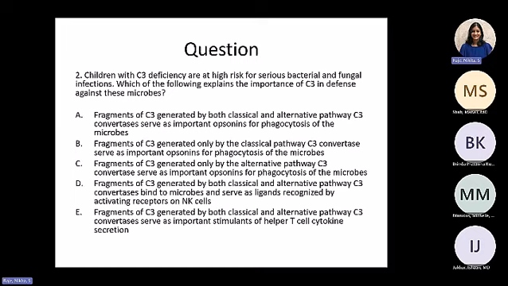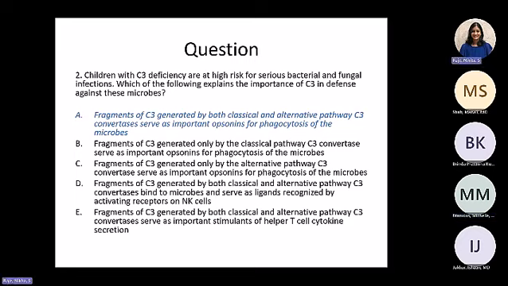Children with C3 deficiency, which of the following explains the importance of C3 in defense against these microbes? Is this one A, fragments of C3 generated by both classical and alternative?